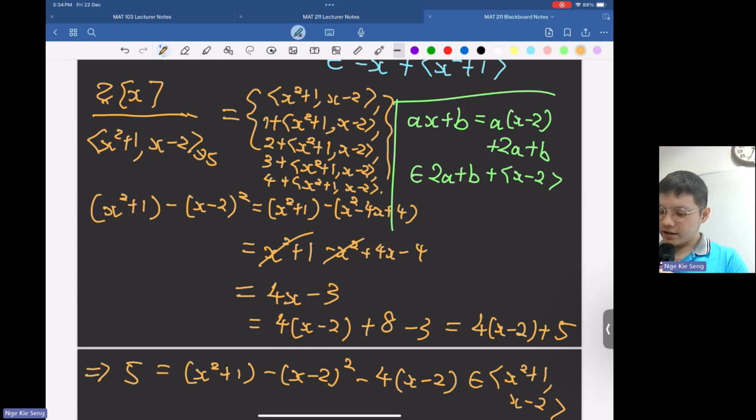So 5 is killed in this quotient ring, meaning that this quotient ring has characteristic 5.